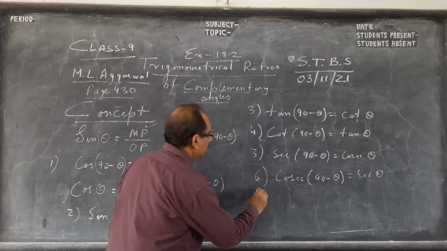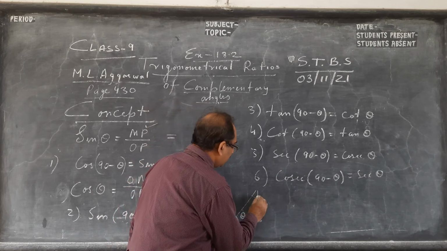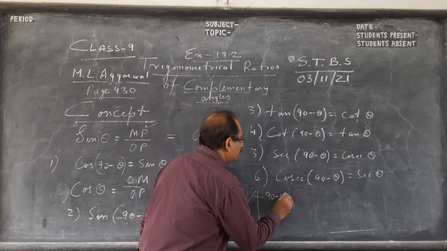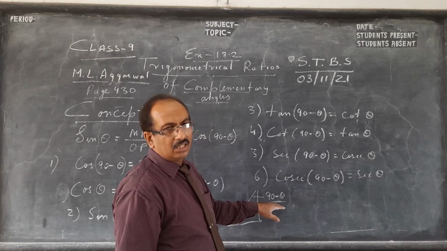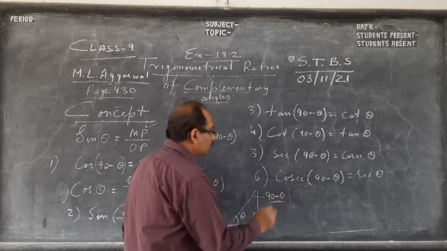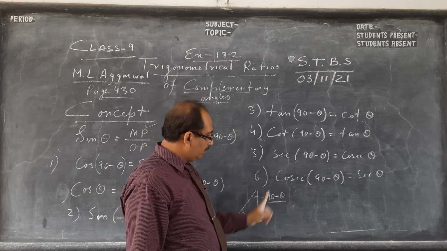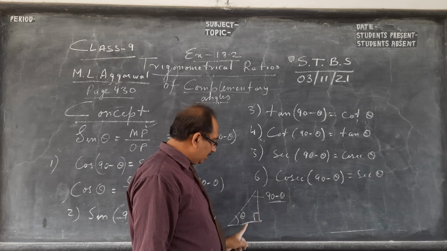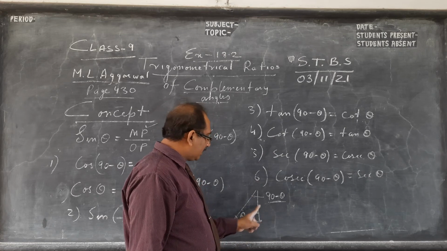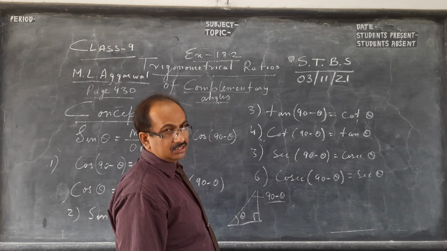So just in short, I'll show you for this angle theta. This is 90 minus theta. This is a value, boys. Don't get confused. This is 30, this is 60, this is 40, this is 50. So I am telling you, tan of this angle, 90 minus theta, is this by this, which is the same as cot of this angle, because tan is this by this, and cot of this angle is this by this.